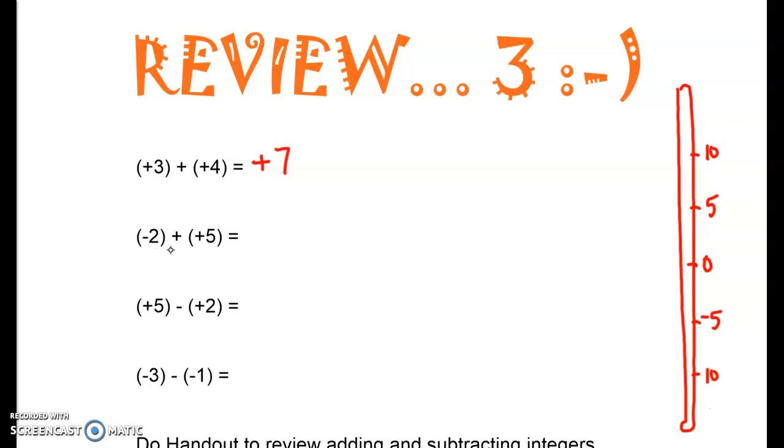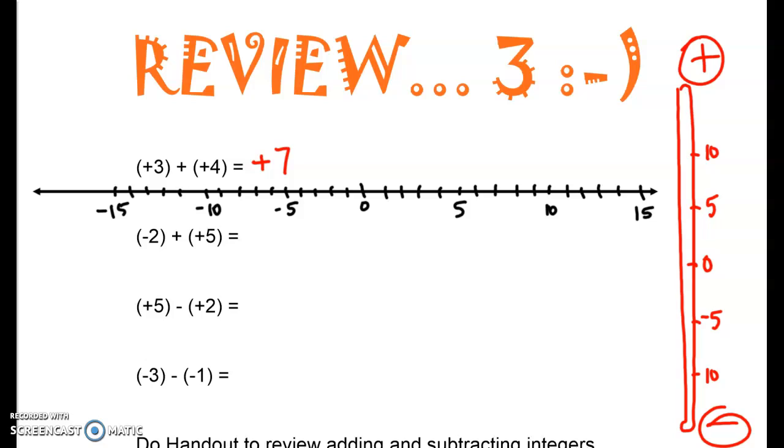Okay, negative 2 plus a positive 5. Now, when we are thinking about this, plus is to the top, the negative is to the bottom. We can also think about this with a number line, something like that. So, if we think of negative 2 plus a positive 5, we're going to move in the positive direction, which is to the right.